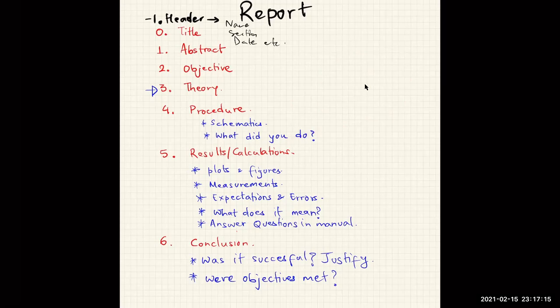So organize it logically based on topics, and include any schematics or images or equations that are pertinent to your discussion within the report, and don't reference figures in the lab manual. Okay.